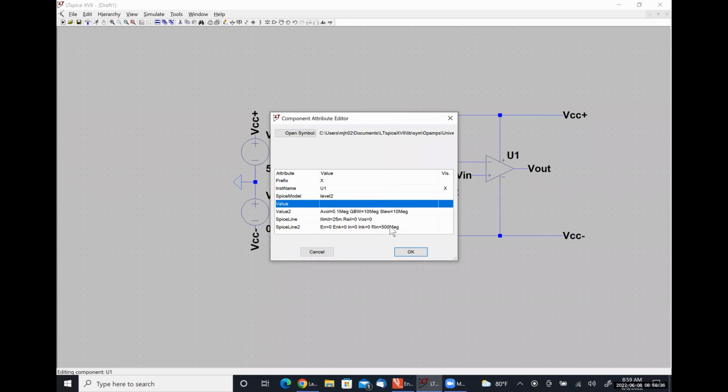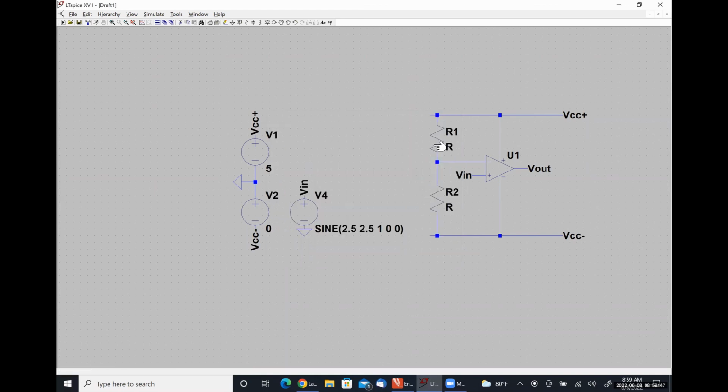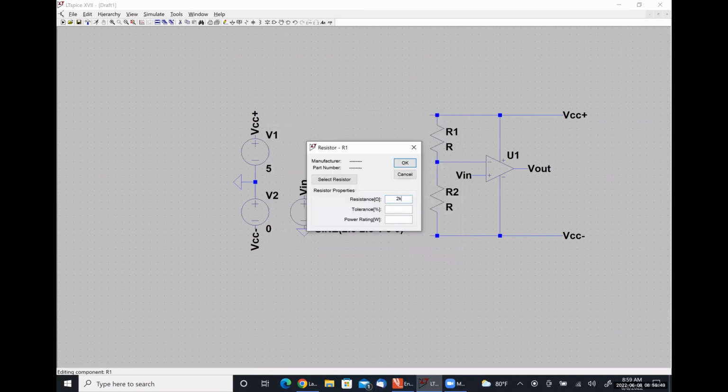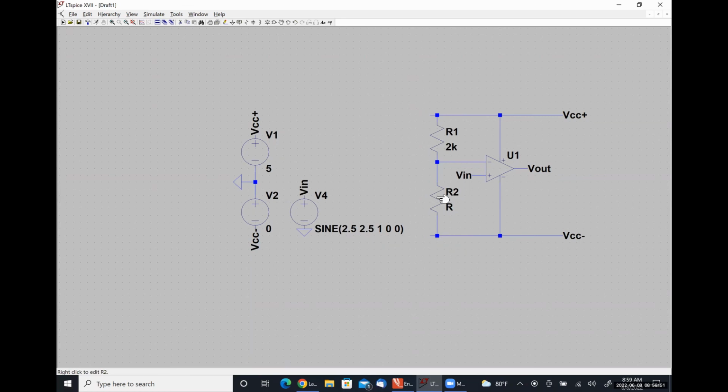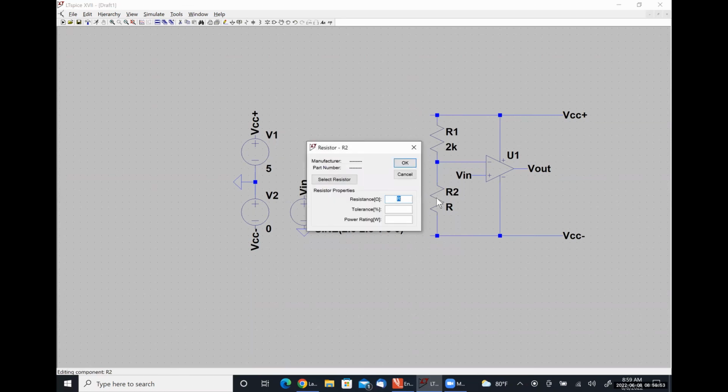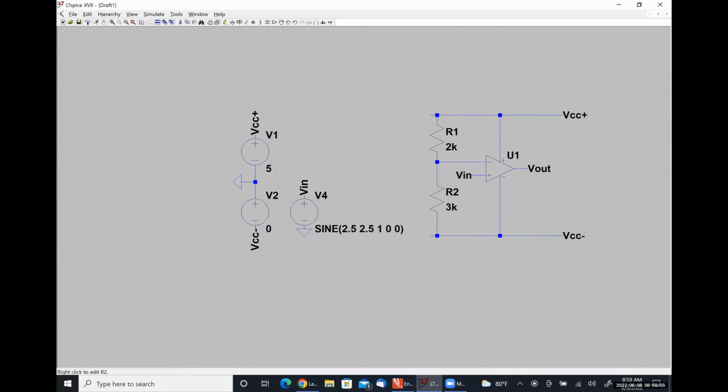So I believe in our example, we've been dealing with 1 mega ohm. So I'm just going to right click this and change it to 1 mega ohm. And then I said R1 should be 2K and R2 should be 3K. And that should be all I need.